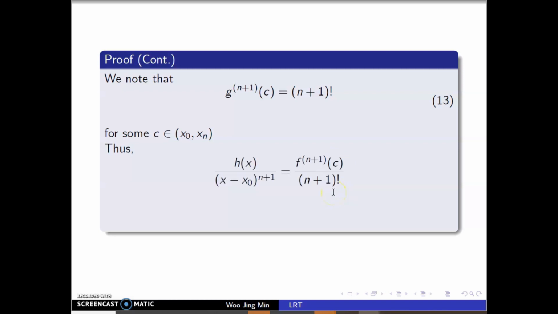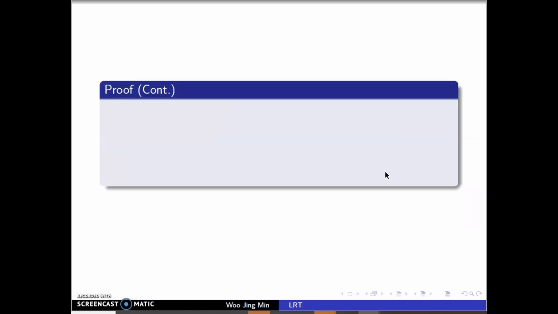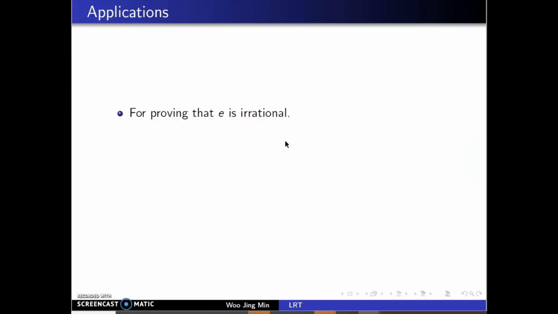It was of course replacing this in particular. So then finally you see that h of x does equal the exact error expression that we were looking for. So that completes our proof.